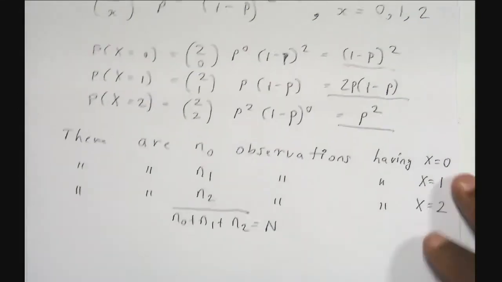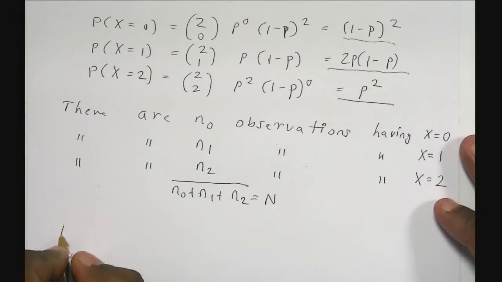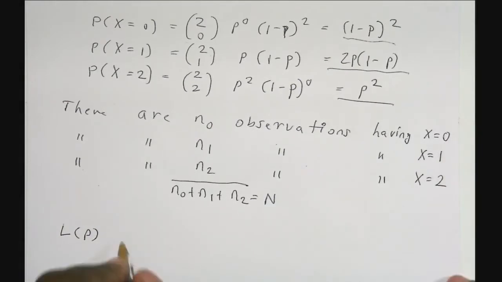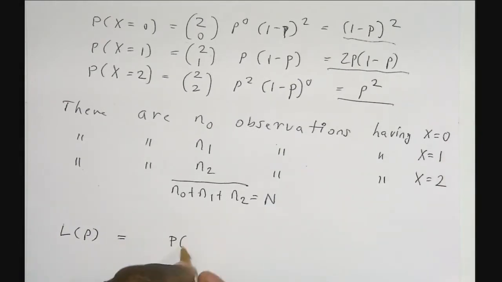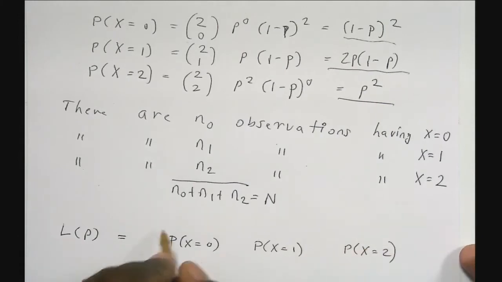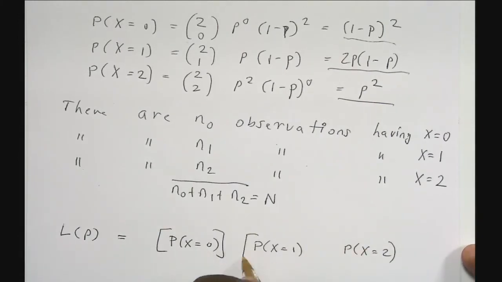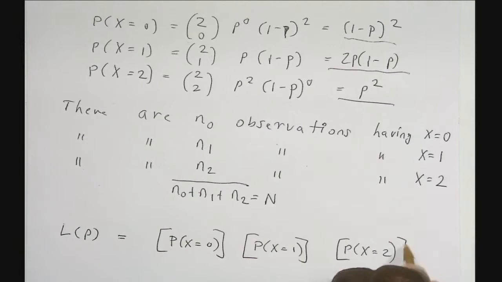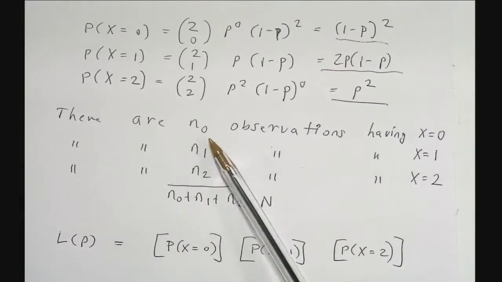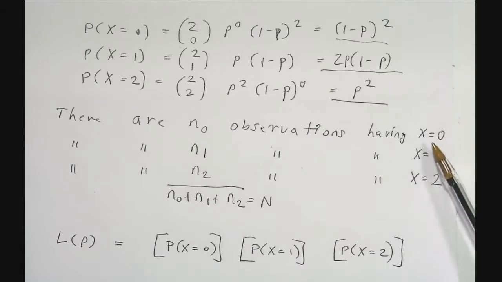Now to find the MLE of P, the first thing you need to do is to write down the likelihood. Now we know that this is the probability that a single x equals 0, and this is the probability that a single x equals 1. According to what I have written here, there are n0 observations with x equal to 0.